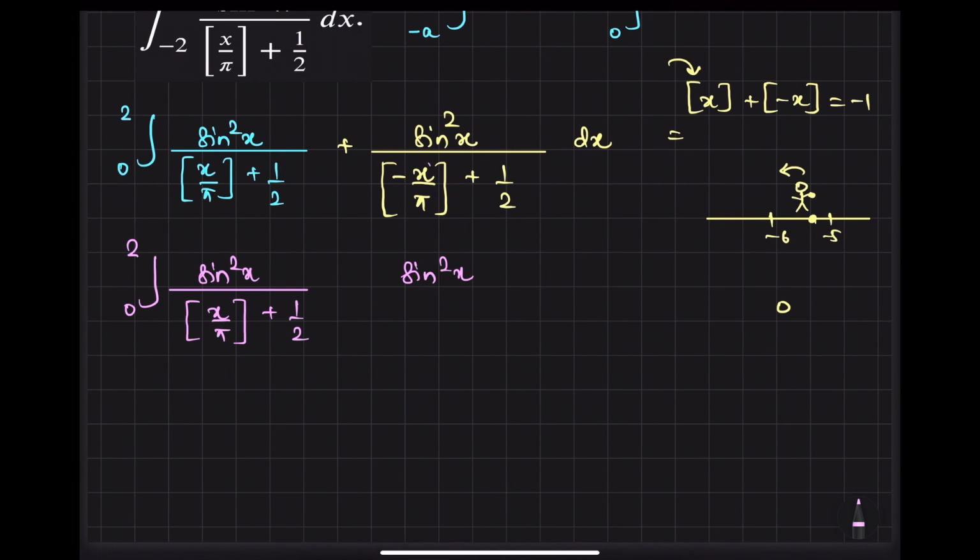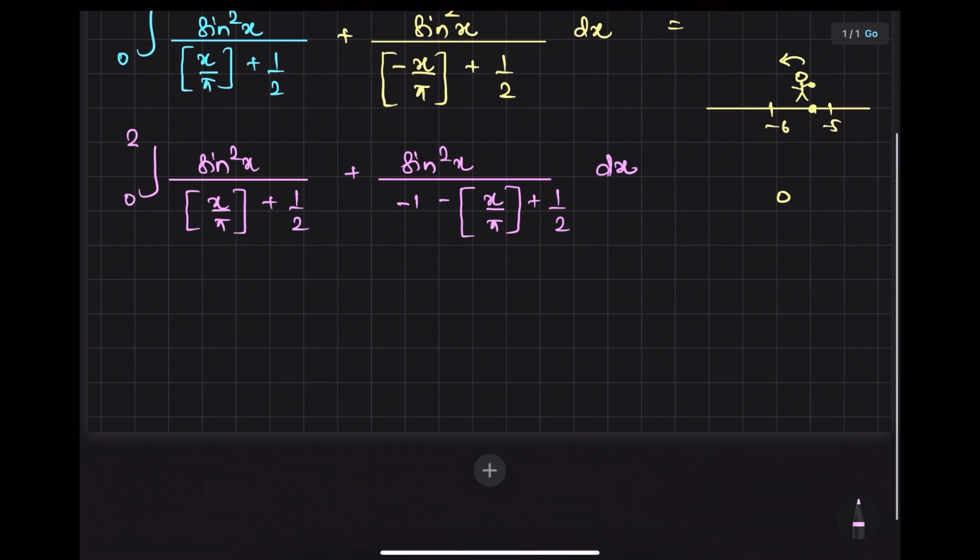Can I treat the whole thing as minus of x and write minus 1 minus box of x by pi plus 1 by 2? So this minus of 1 and plus of 1 by 2 will become minus of 1 by 2. So both will carry a negative sign. So can I take minus common?